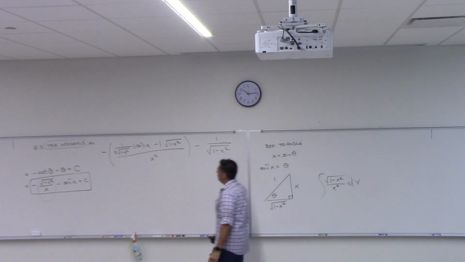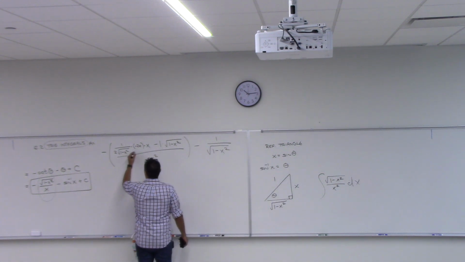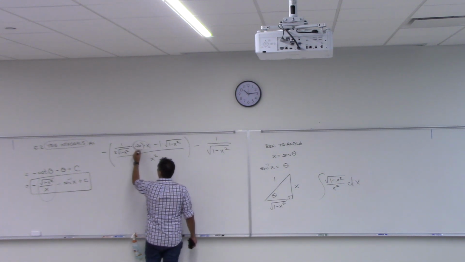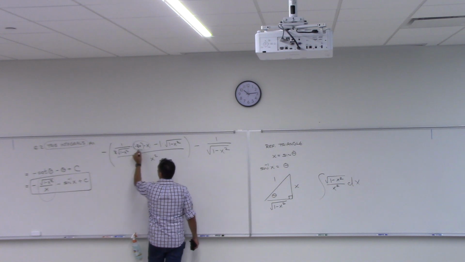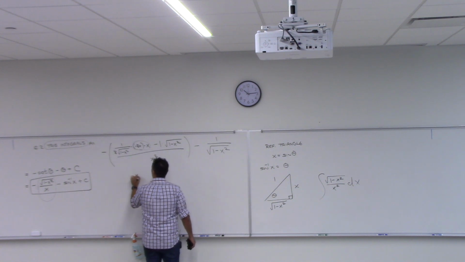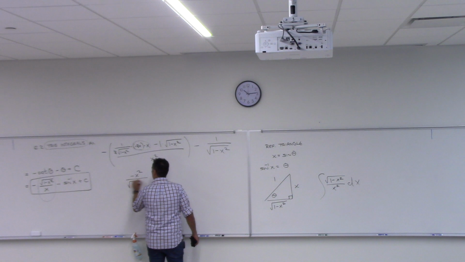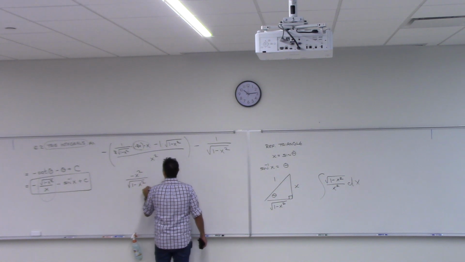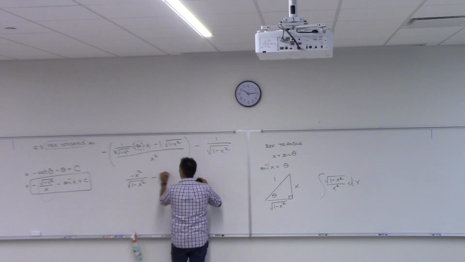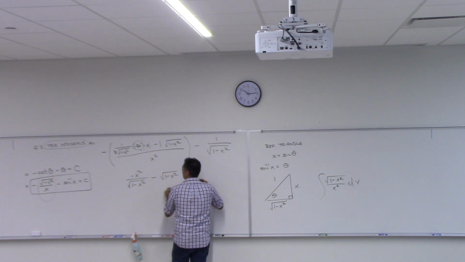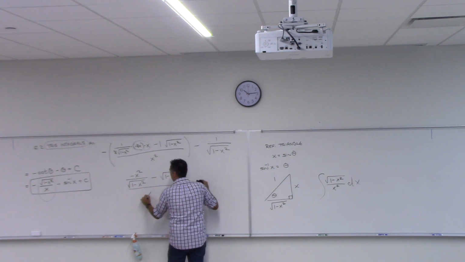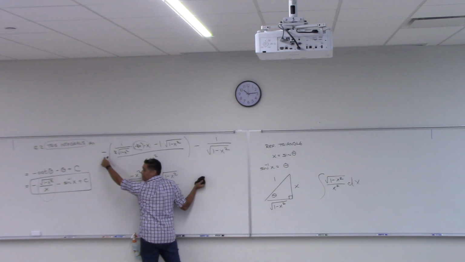Okay, so let's see if we can clean this up. Put these two together. The 2's are gone. That gives me a negative x squared over the square root of 1 minus x squared, and then minus square root of 1 minus x squared. All of that's over x squared, right? But there was a negative outside of everything.